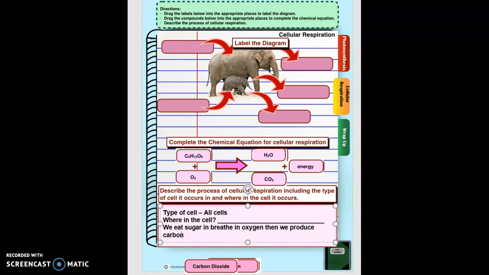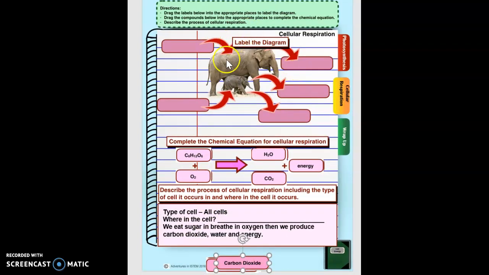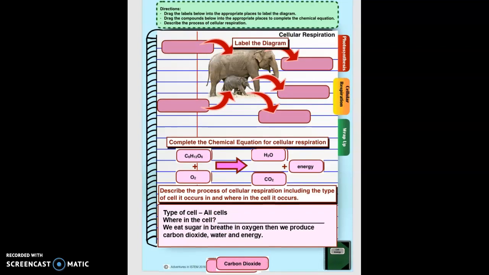Produce carbon dioxide, water, and energy, which is the whole point, to get that energy. All right, so you should have taken these dark pink labels and labeled the elephants, followed along with me here, typed what I typed, and included what organelle is that powerhouse that's going to make that energy for us.